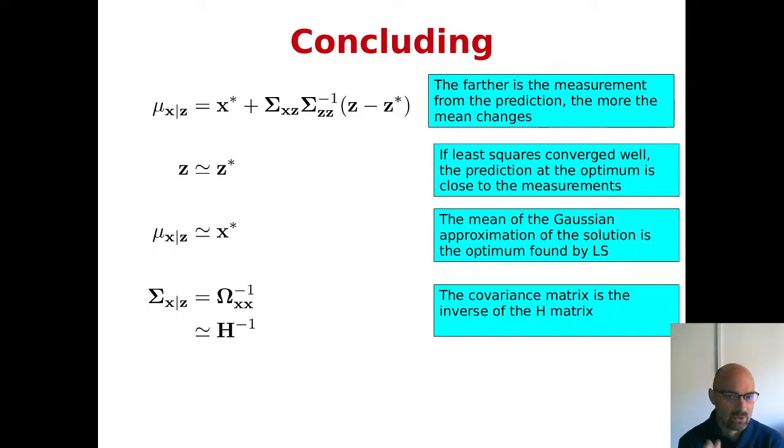My state has dimension 6, in case I'm interested in finding the rotation and translation in space, because I have 3 components for the translation and 3 components for the rotation.